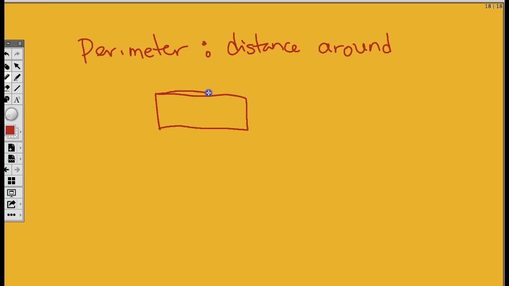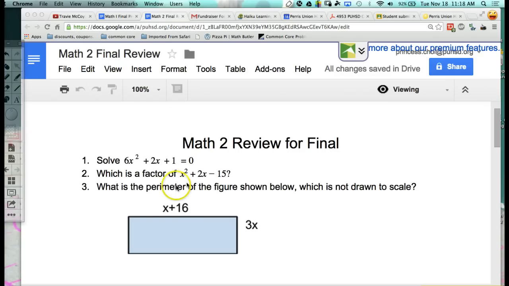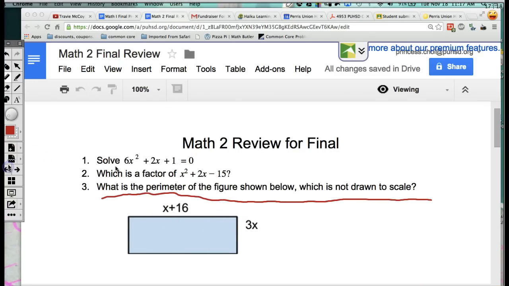So you gotta find out how long this is, how long that is, how long this is, and how long this is. And then you gotta add everything together, right? Okay, so in our question, we saw that this side is x plus 16 and this side is 3x.